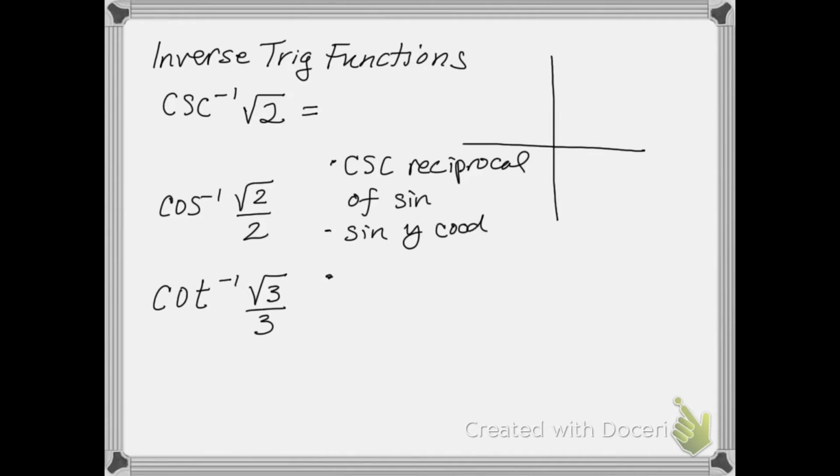So for cosecant, I'm going to look for 1 over y. All right, so that's what I want to find here for this inverse cosecant of rad2. I want to find a 1 over y value on a unit circle that has a value of rad2.